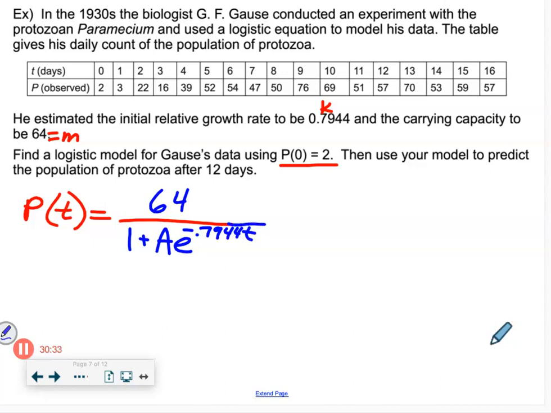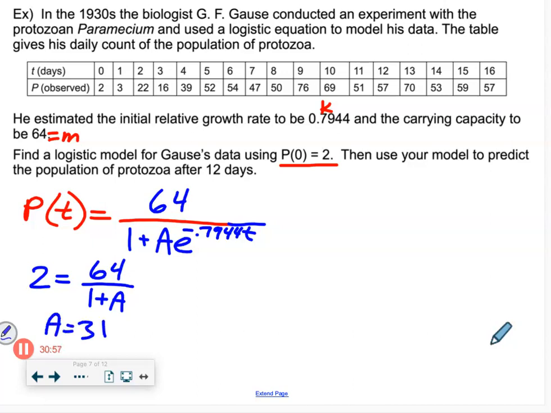So there's our beginning model, but now we have to solve for A, so we're going to plug in the point that we know. When t is 0, P is 2, so we have 2 equals 64 over 1 plus A. I know 64 over 32 is 2, so A has to be 31.